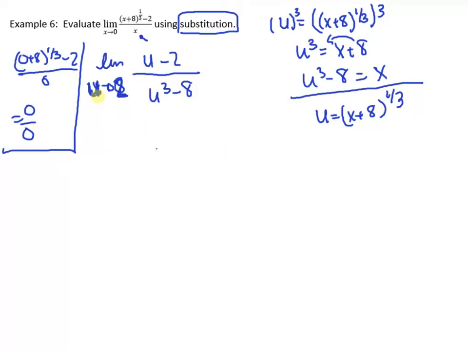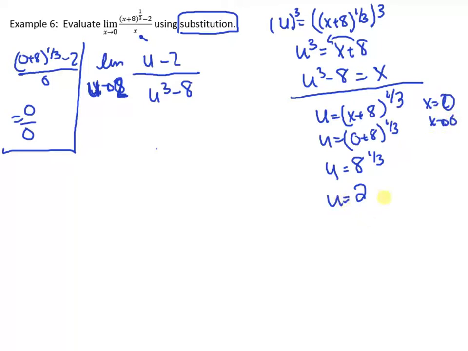So if we were talking about x approaching 0, we would do 0 plus 8 to the 1/3. And 8 to the 1/3 is just 2. So when x is approaching 0, we actually get u equals 2. So we want to deal with when u approaches 2.